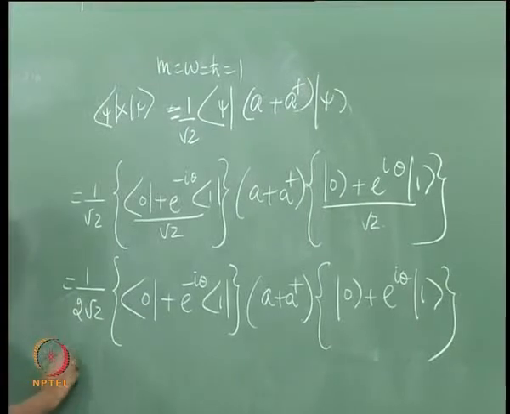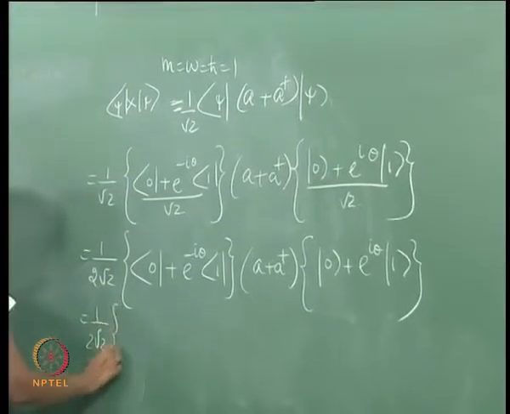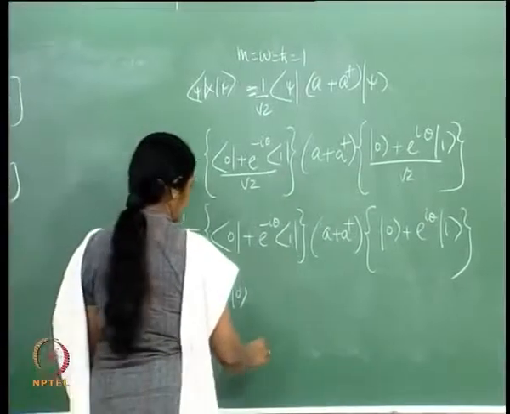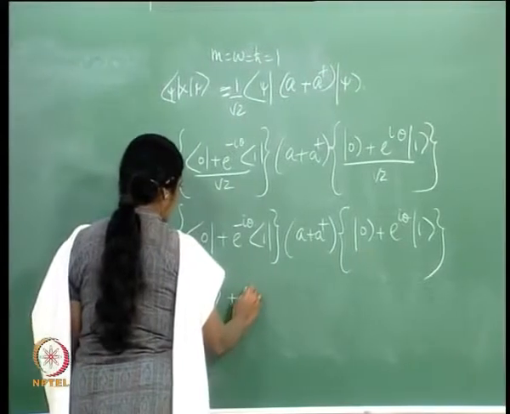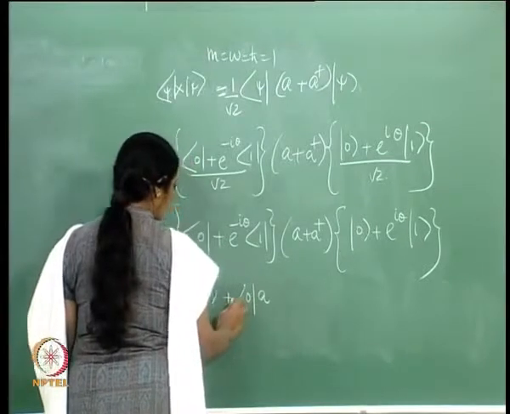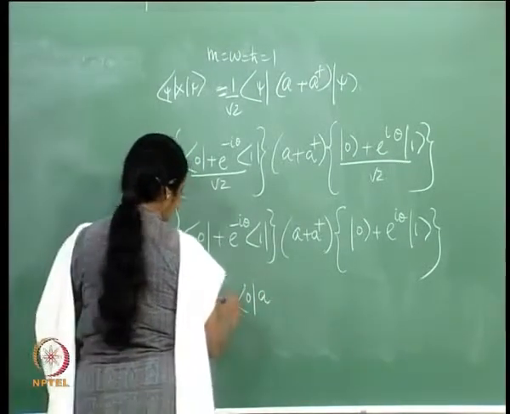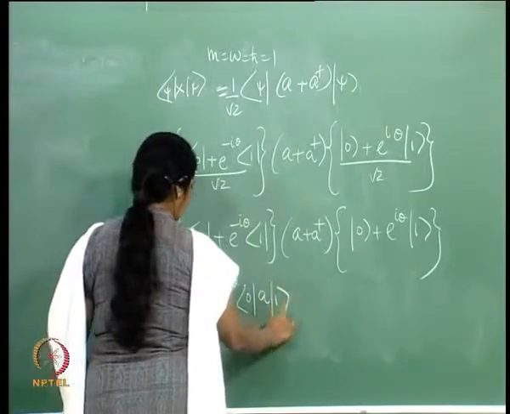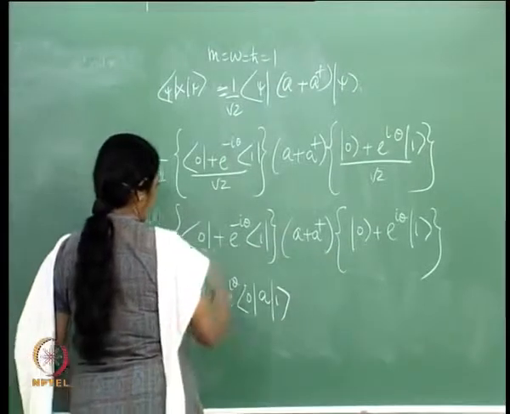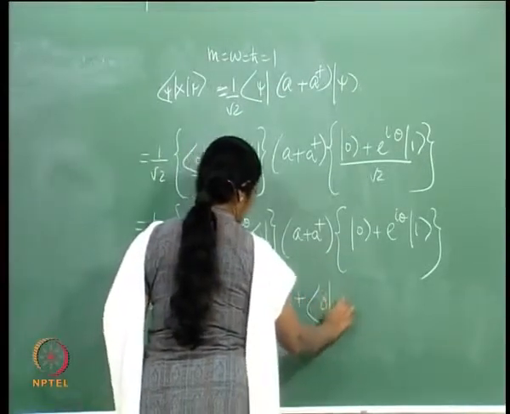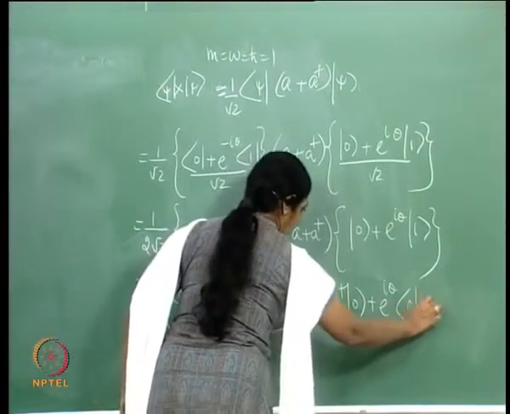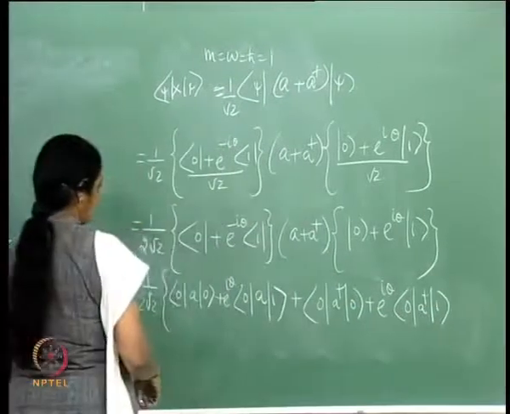This involves the following terms. First I have <0|a|0>, then I have <0|a|e to the i theta ket 1>, that is what I have worked with first. Then I have <0|a dagger|0> plus e to the i theta <0|a dagger|1>.